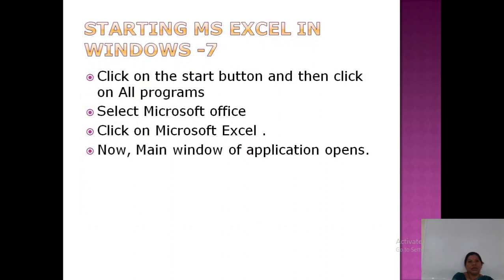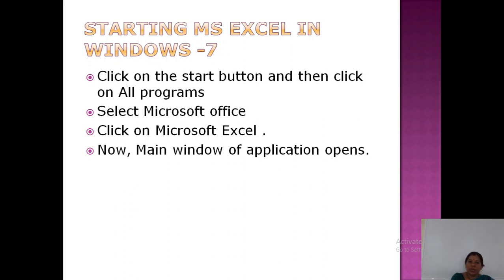So now we learn how to start MS Excel in Windows 7. These are the steps. Click on the start button, then click on all programs, select Microsoft Office, click on Microsoft Excel, and the window application will open. This is regarding Windows 7.